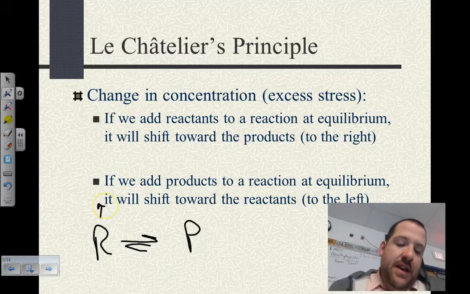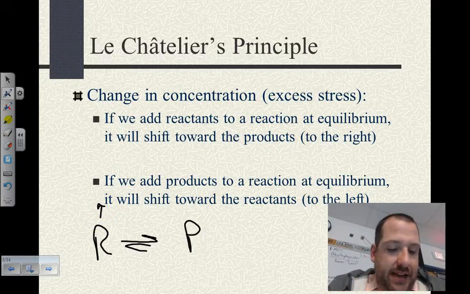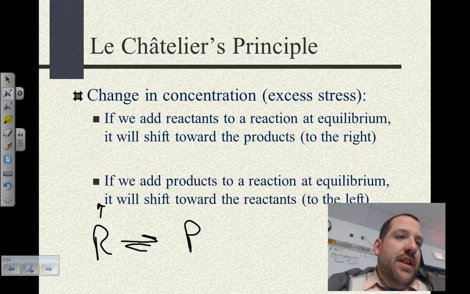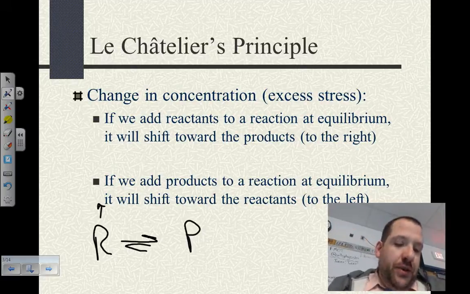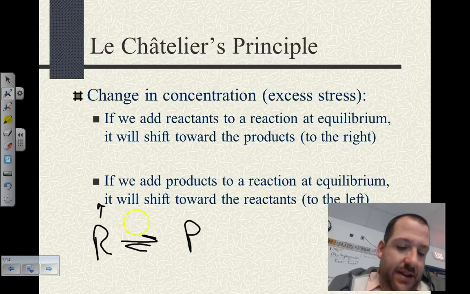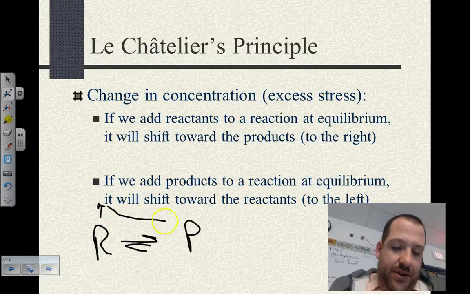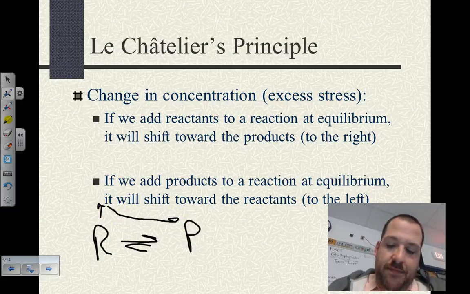Well, we now have increased the amount of reactants, so the equilibrium reaction is going to want to get rid of those extra reactants. So to maintain equilibrium, this reaction is going to shift to the right.